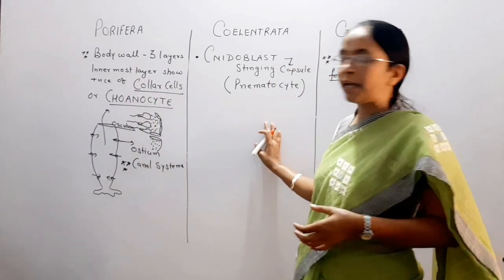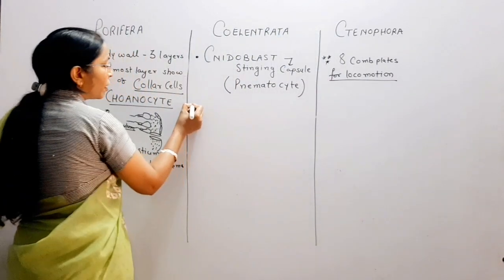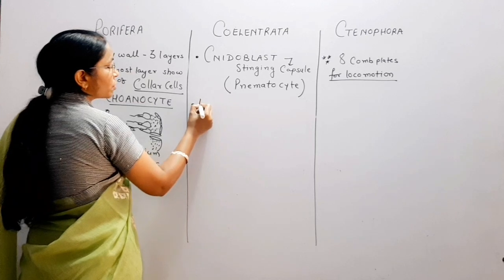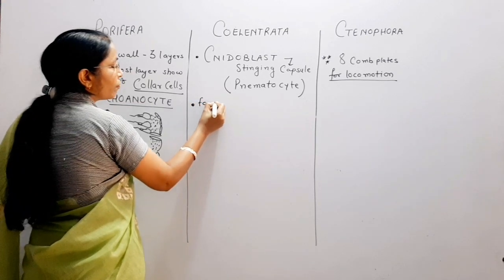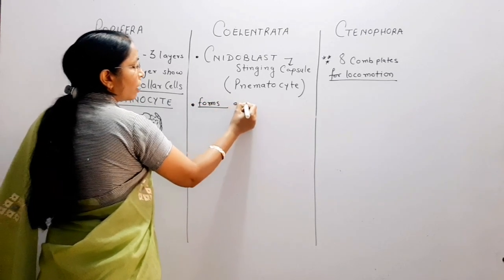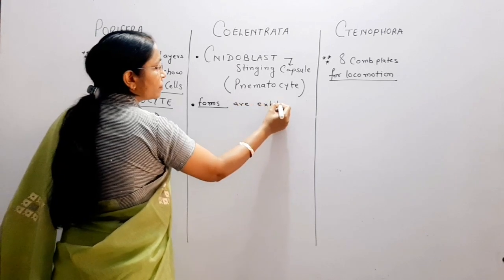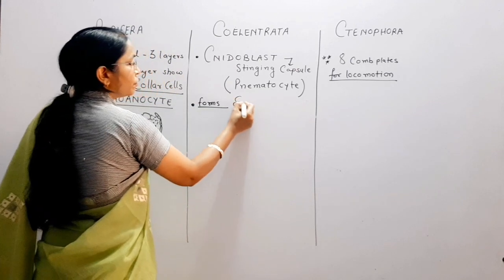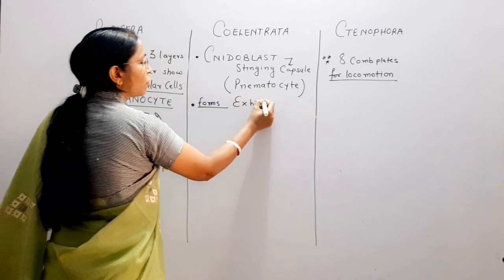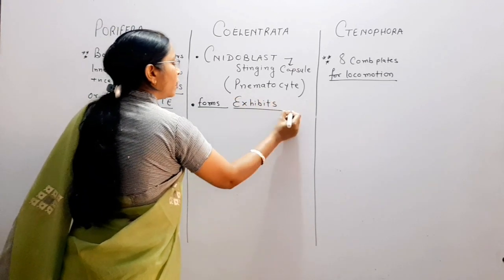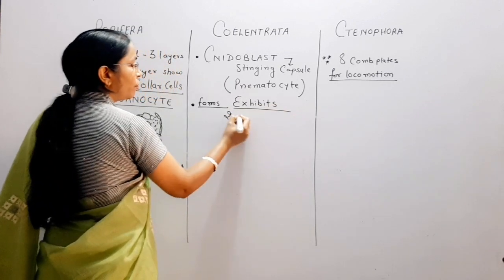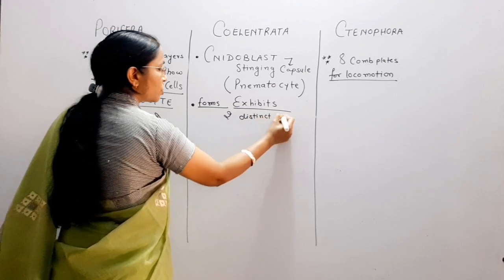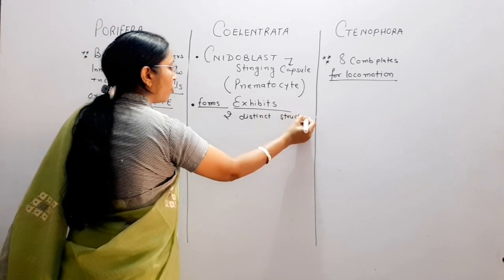Coelenterata's other identifying features come now. Here you remember the living forms, the animals, exhibit two distinct structures or forms.